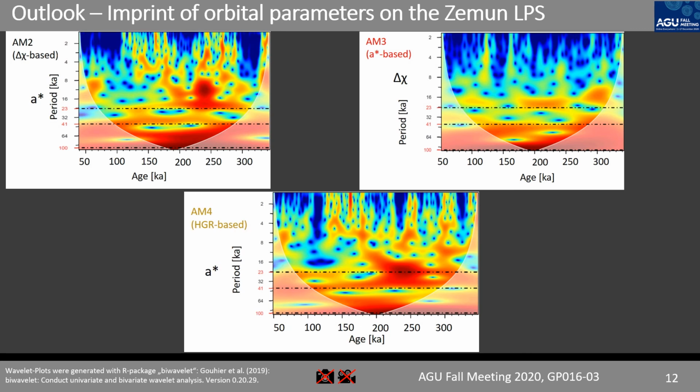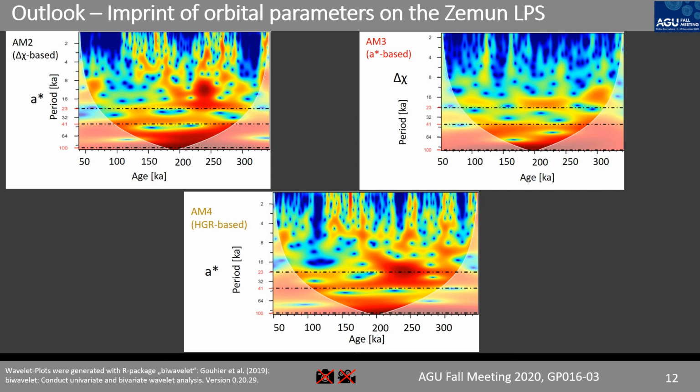Then I played a little bit around, so I used different parameters creating the age model and looking at parameters displayed on this age model for the sensitivity of the orbital parameters. And we can see on the top left side that, for example, there I used a frequency dependence based age model and looked at the sensitivity of the redness. On the right side, you can see a redness based age model where we investigated the frequency dependence.